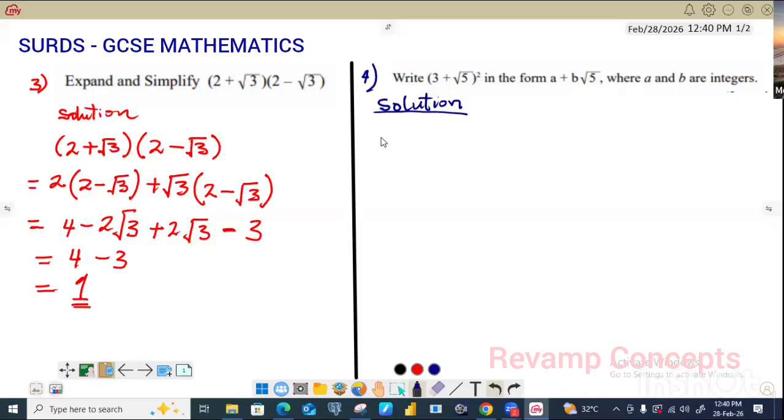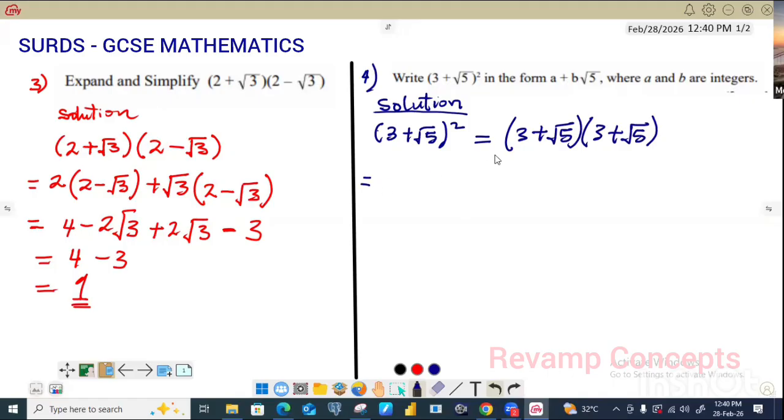Okay. Now, first thing is to re-express 3 plus root 5 all squared. This simply means we have 3 plus root 5 into bracket 3 plus root 5. That is what that square simply means.